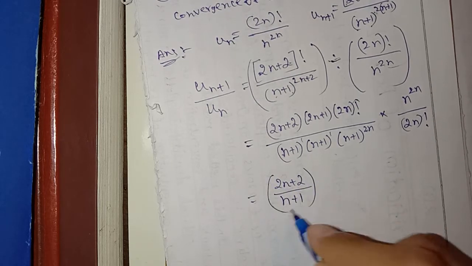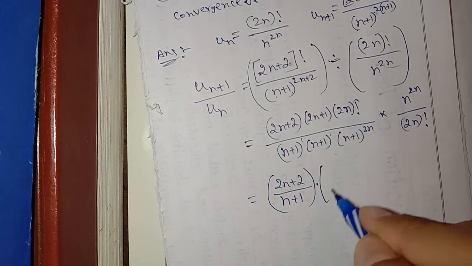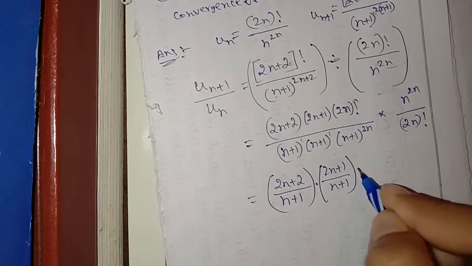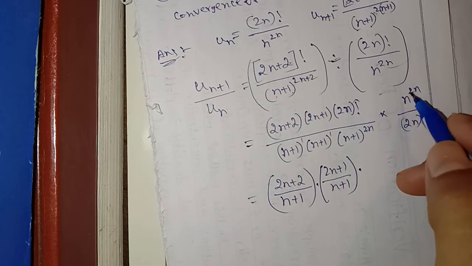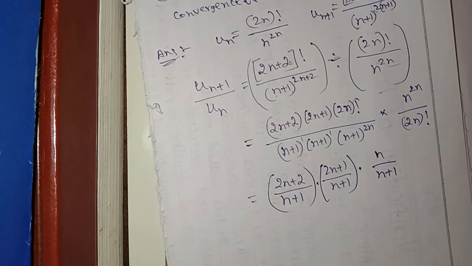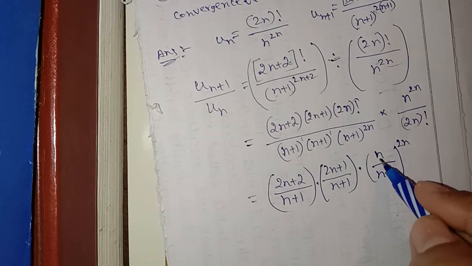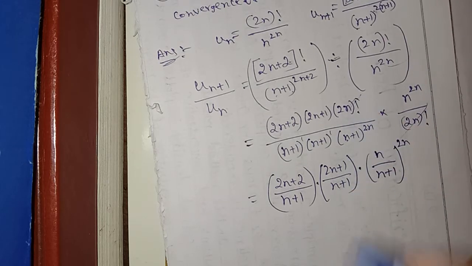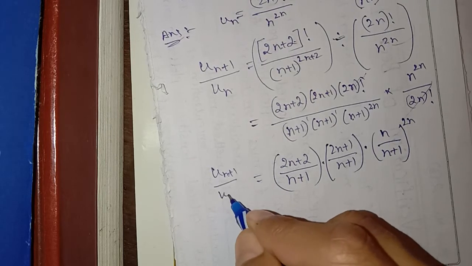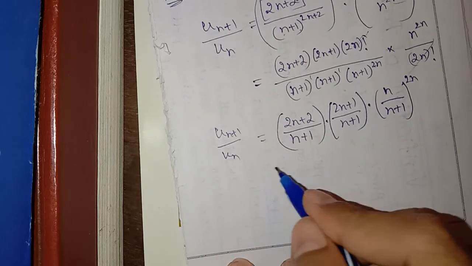We can write it in this form: (2n+2) divided by (n+1), into (2n+1) divided by (n+1), into (n divided by (n+1))^(2n).